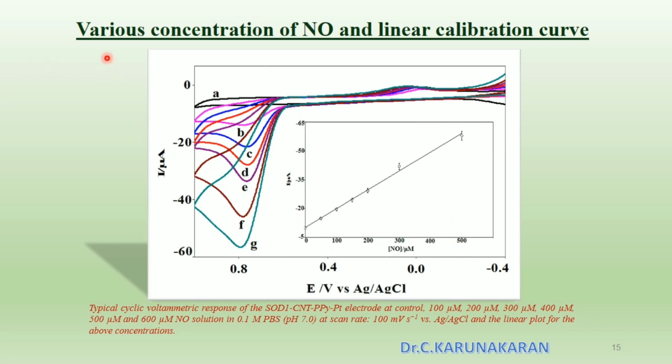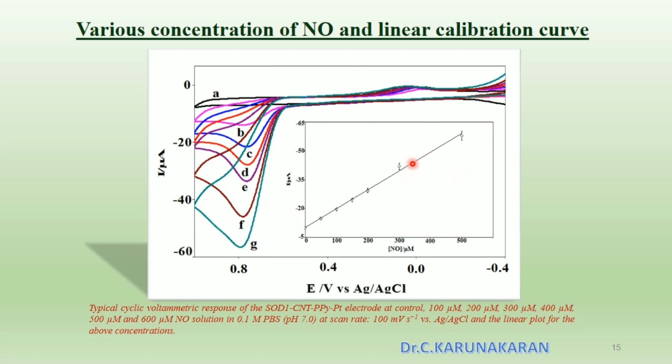Here we have increased the concentration of NO and measured the cyclic voltammogram. The current signal increases, as I said, due to increased redox reaction and increased flow of current. There is a linear calibration curve.